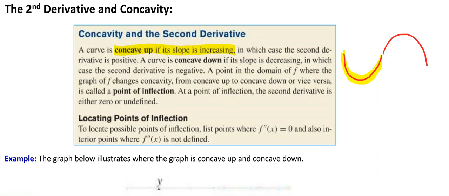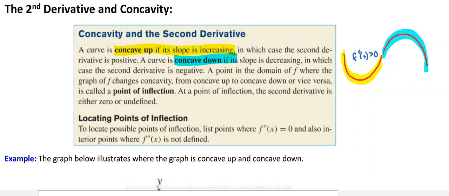But even more importantly than that, the second derivative of the graph in this place is always positive. F double prime of x is greater than 0. Second derivative is positive. The part of the graph in here that is concave down is where the slope is decreasing.